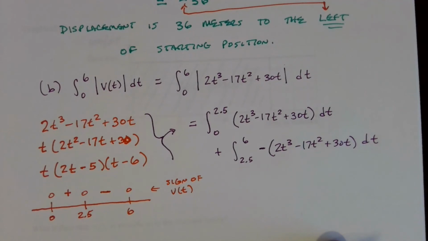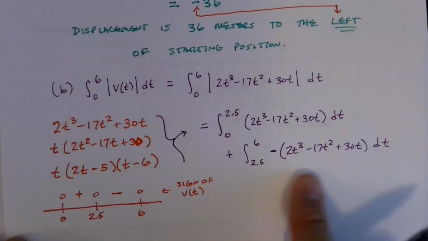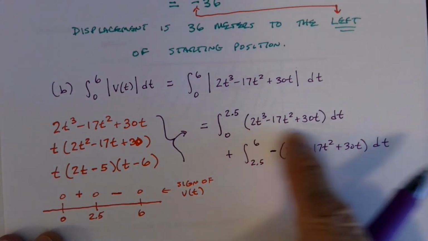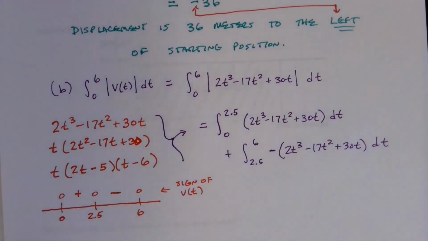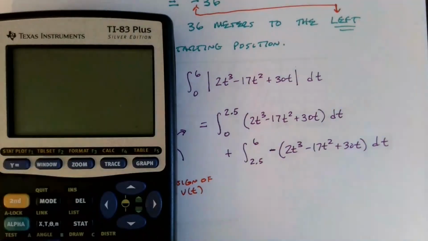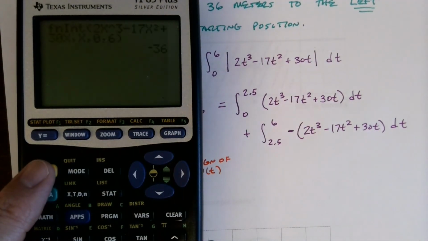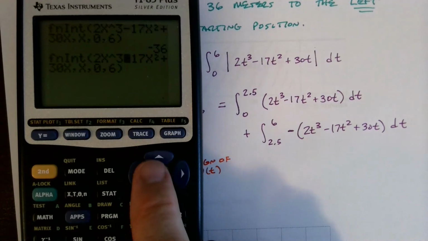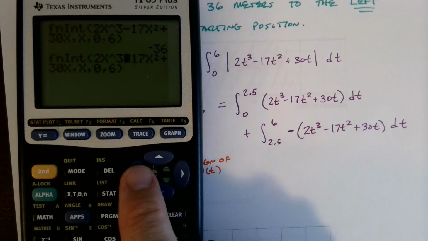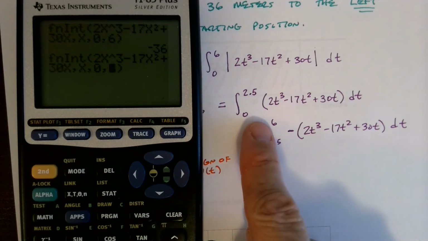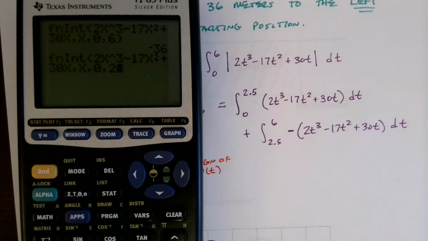Okay, but there's a lot of work in evaluating these, getting the antiderivative. But let's use technology to do this, and I'm going to do it both ways. So first of all, let me do these. So let's do the function. Now we're going to go from 0 to 2.5.